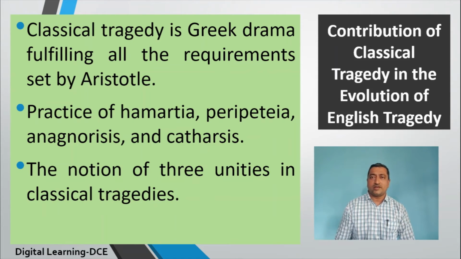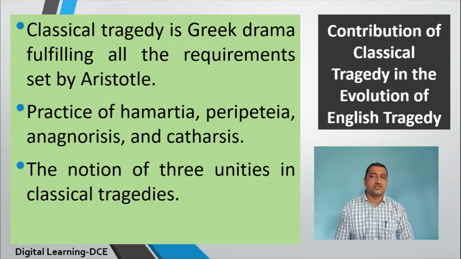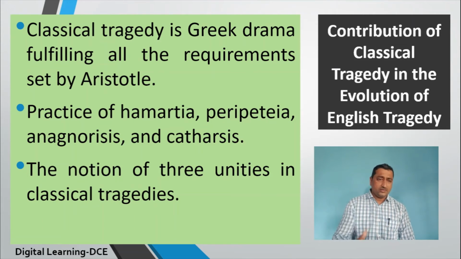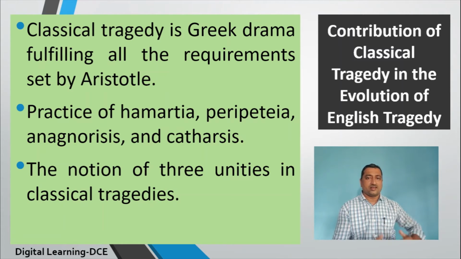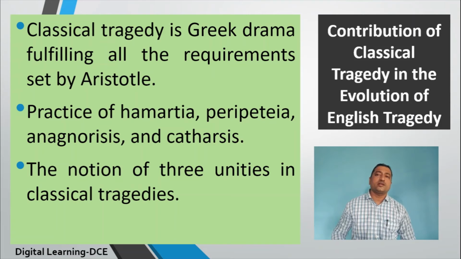Euripides is a comedian, but Aeschylus and Sophocles, their plays are taken as a model by Aristotle. Aristotle composed his great definition of tragedy and his concepts of tragedy through the model of Sophocles, especially Oedipus Rex, right? Oedipus the King. So here we observe the classical idea of Aristotle or Greek tragedy is followed in English tragedy.